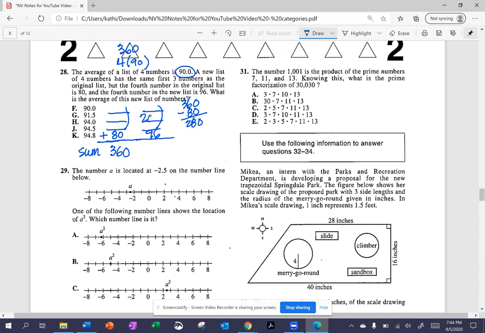So to find the total of my second list, it is going to be 280 plus 96, which is 376. And now I'm looking for the average of the second list. So 376 divided by 4. And my average is 94.